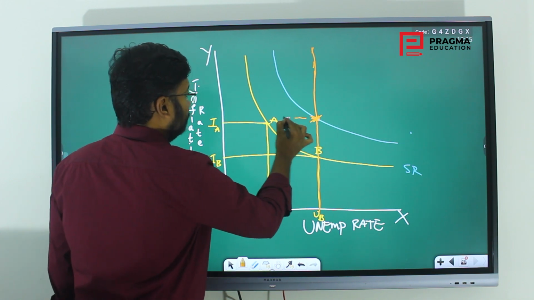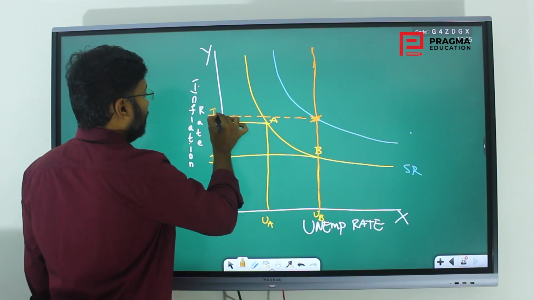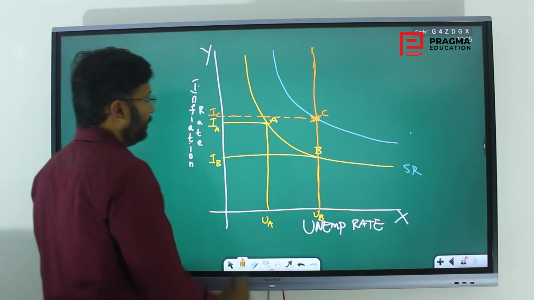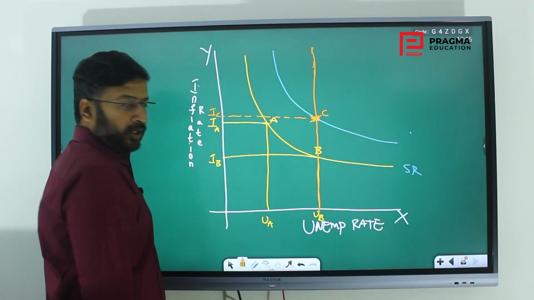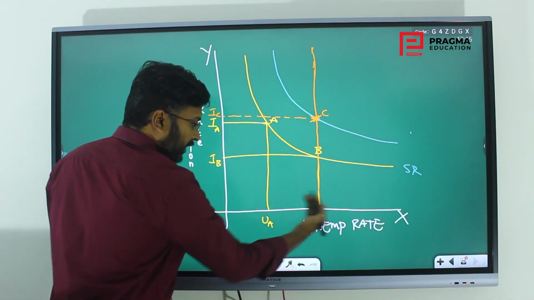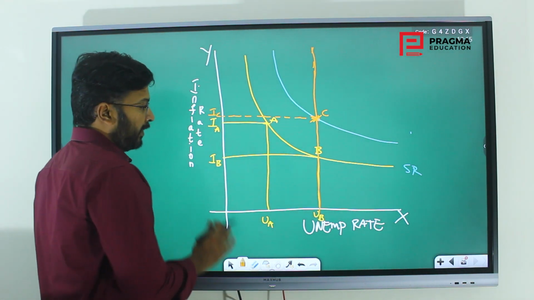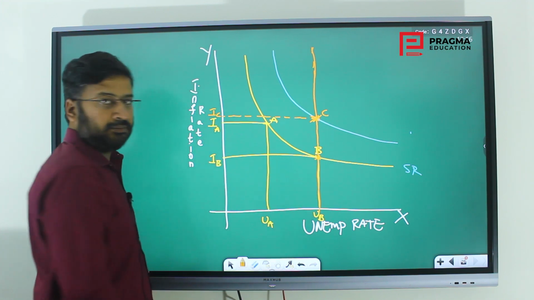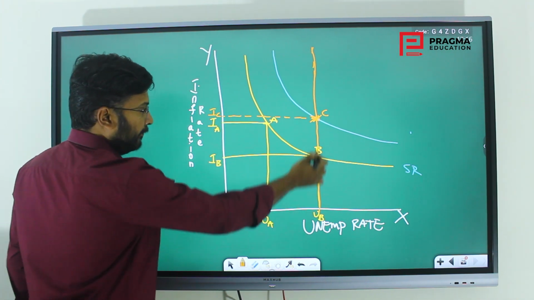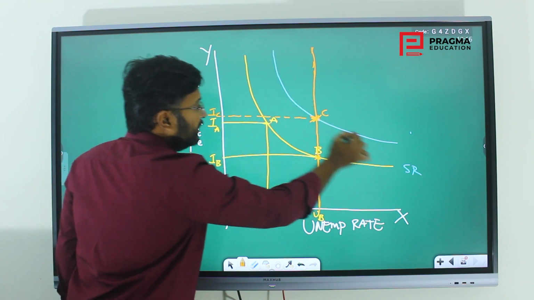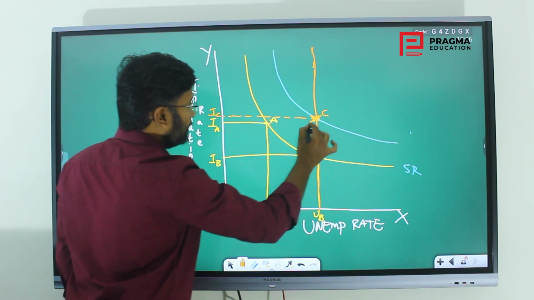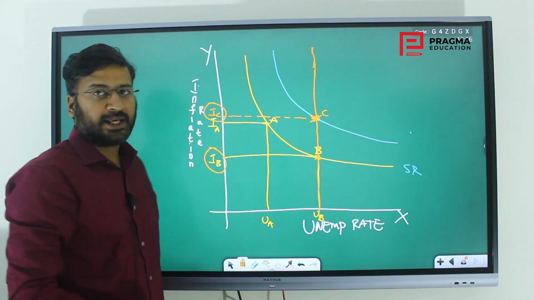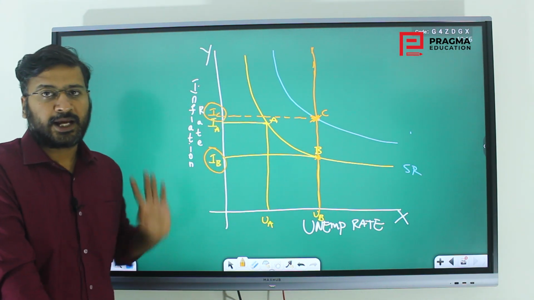Say this point is C, this is IC and this is UB, this is IA. So when you try to artificially reduce the unemployment rate, the inflation should have been IB, meaning lesser here, but on this curve, at point C, the inflation will be IC. So is IC greater than IB? IC is greater than IB.